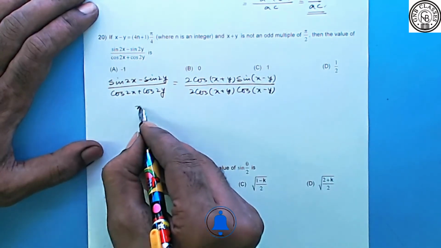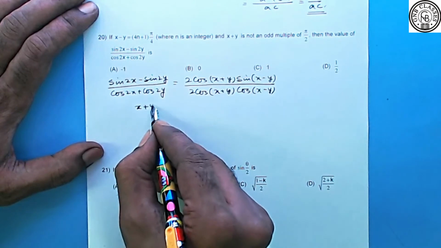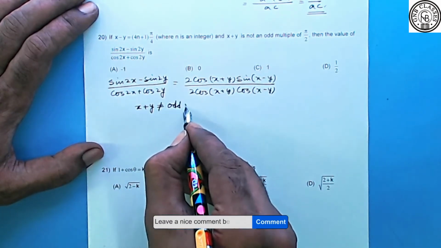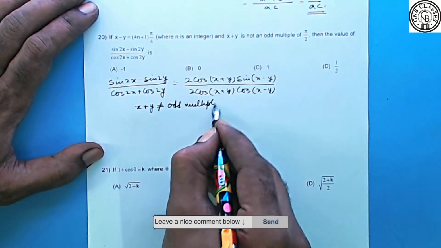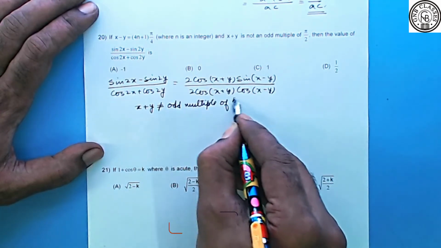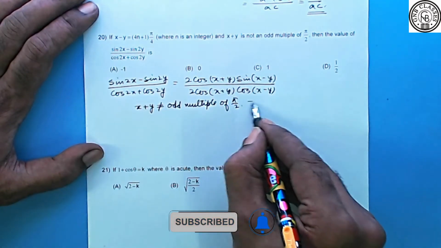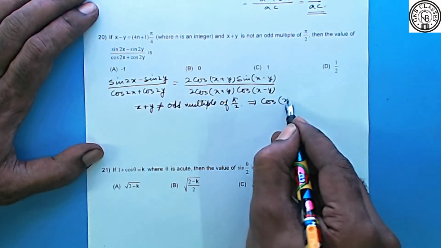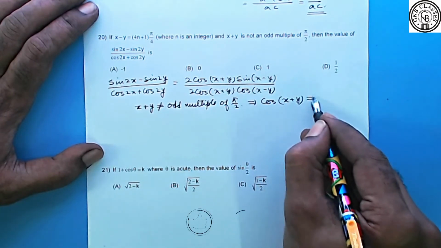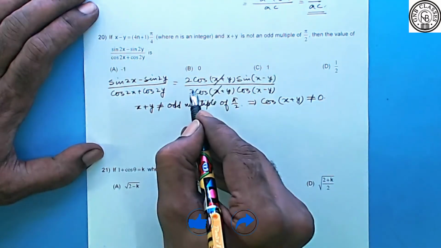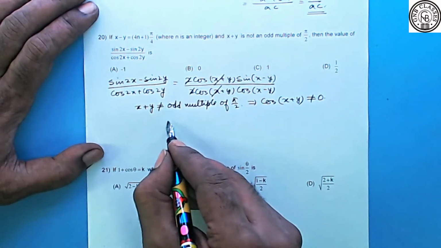Now we have been given that x plus y is not an odd multiple of pi by 2, which implies cos of x plus y is not equal to 0. So we can cancel this cos of x plus y from numerator and denominator.